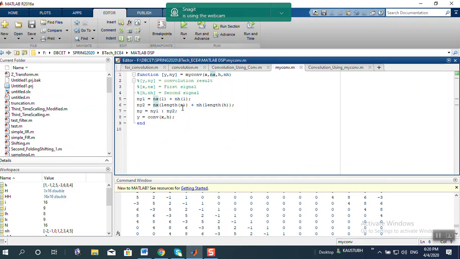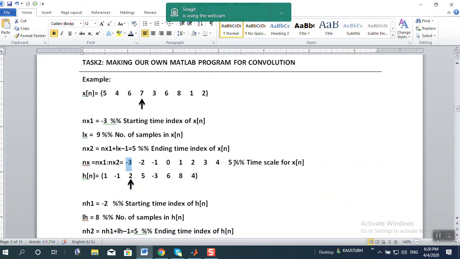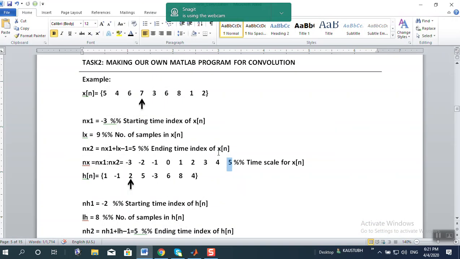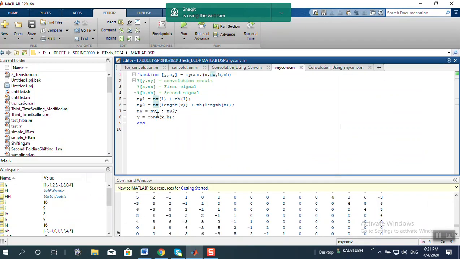Now for the ending one, this 5 here you know, but in that function it is not known. So how many samples are here? 1, 2, 3, 4, 5, 6, 7, 8, 9. So the length of x will be 9, so nx9 is 5. Got it? So it is 5, like that.